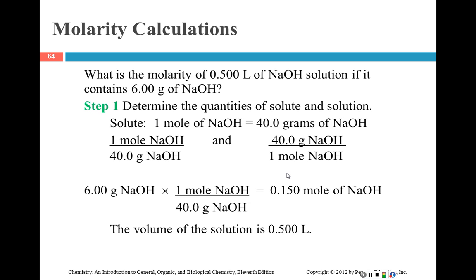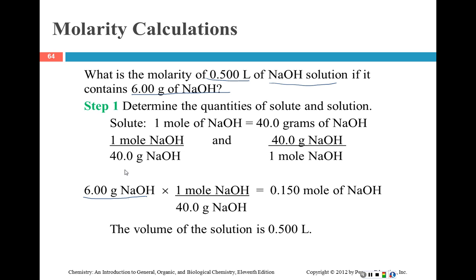So what's the molarity of 0.5 liters of sodium hydroxide solution if it contains 6 grams of sodium hydroxide? All they're asking is for you to convert to moles. You're given 6 grams of sodium hydroxide in 0.5 liters, so we have to know how many moles that is.